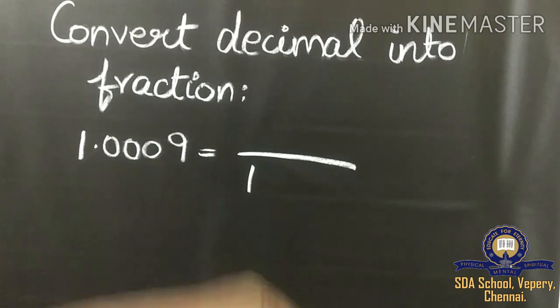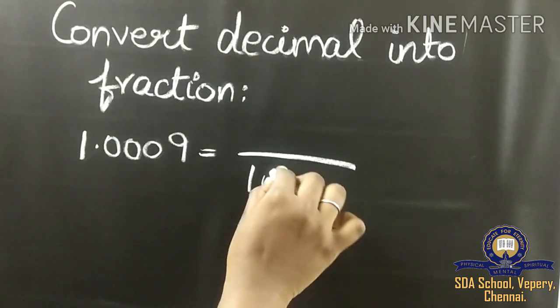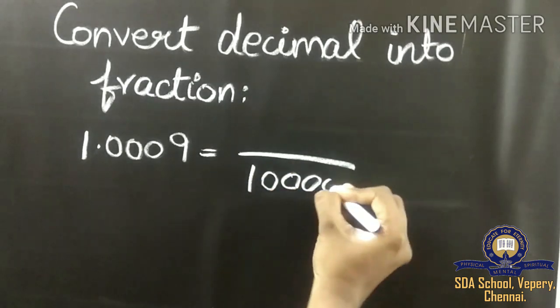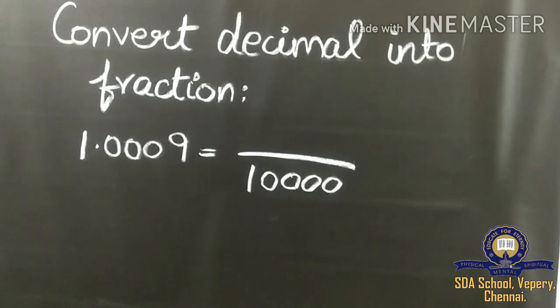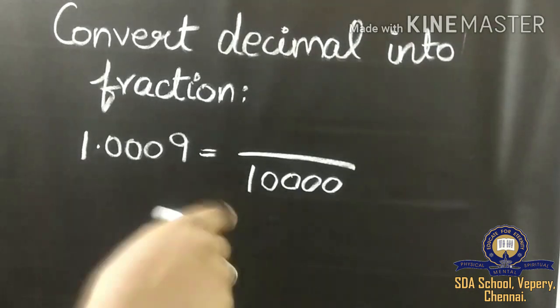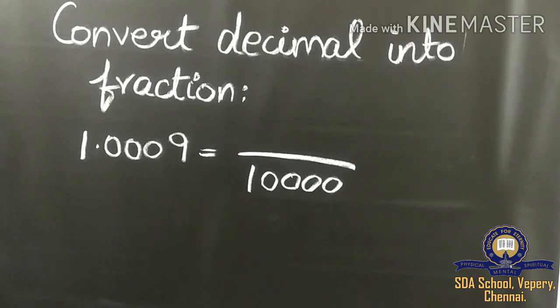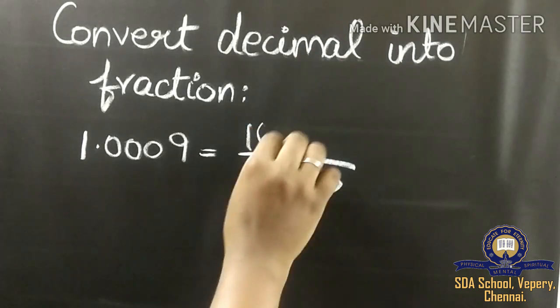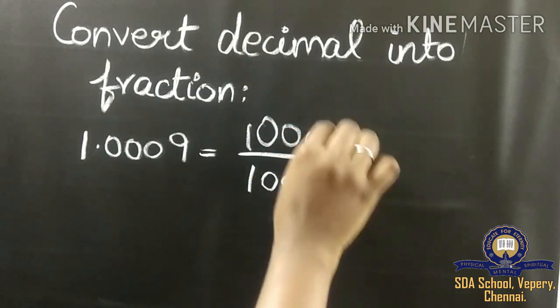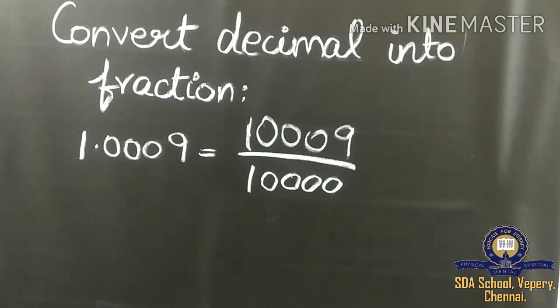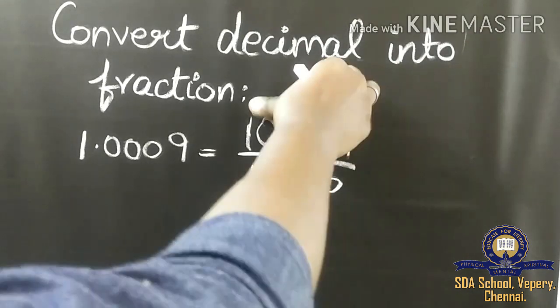And how many numbers are there after the point? 4 numbers. So we are adding 4 zeros. 1, 2, 3 and 4. It is in the form of 10,000, right? And we should remove the point and put the numbers as they are. 1, 0, 0, 0, 9. 10,009 divided by 10,000. Okay.